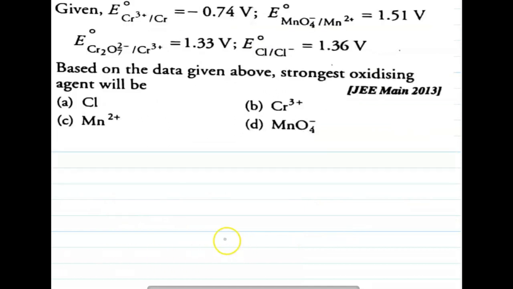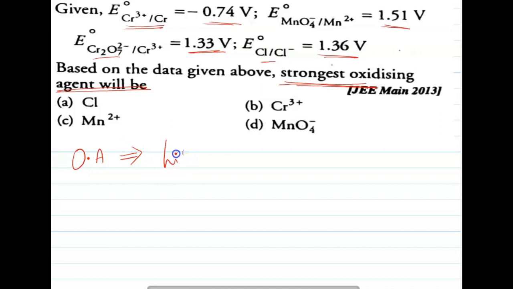So let's see this also. Next one. Cr plus 3 to Cr is 0.74, 1.51 for MnO4, 1.33 for Cr2O7, Cr is 1.36. Which is the strongest oxidizing agent? I said earlier, only oxidizing capacity.